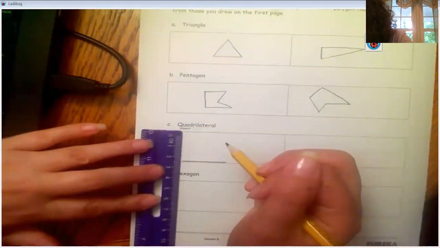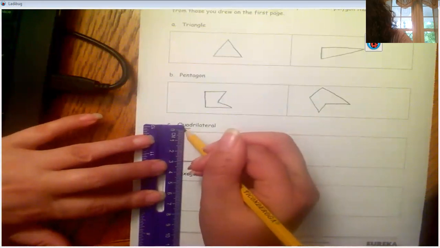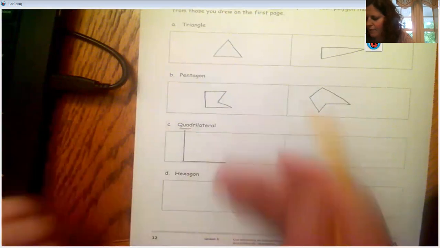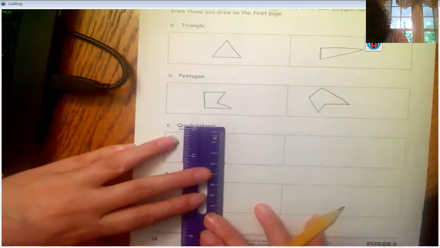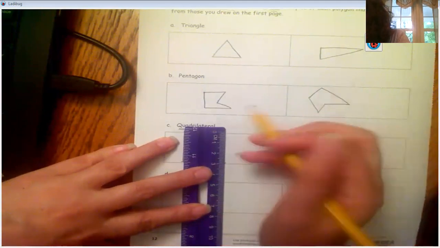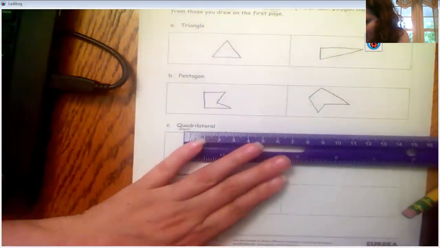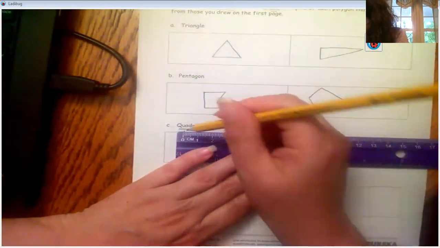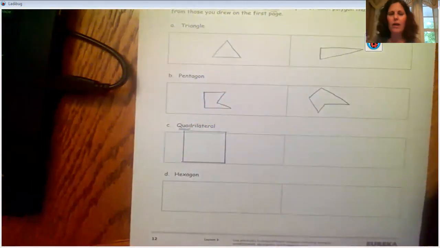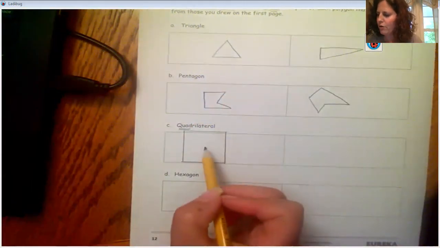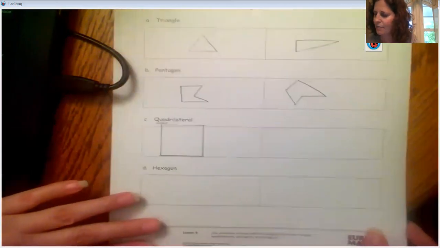Oh no, I still don't really have enough room. Well, it's okay. I'm going to come a little bit outside of the box, and that's all right. So I'm going to measure this 3-point here and measure from that 0 starting point. And then I'm going to connect my sides for the top. So there is a square quadrilateral where I have 4 sides that are exactly the same length.